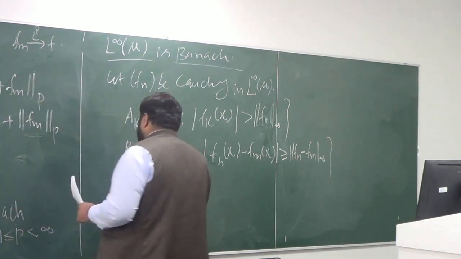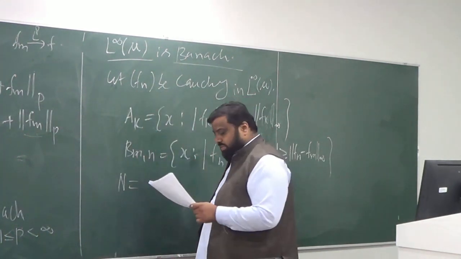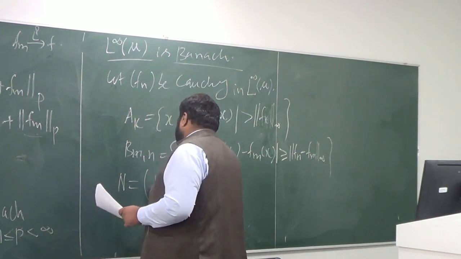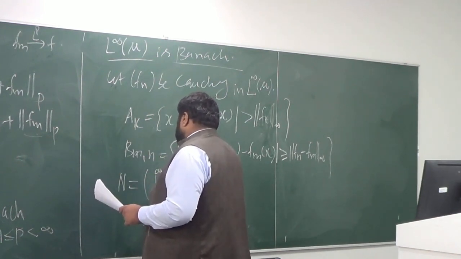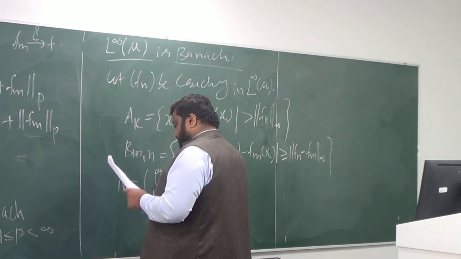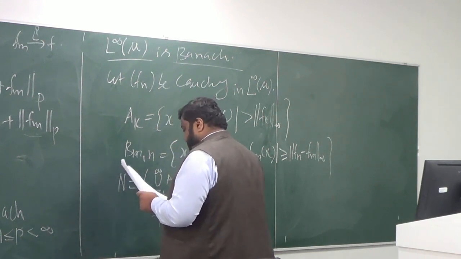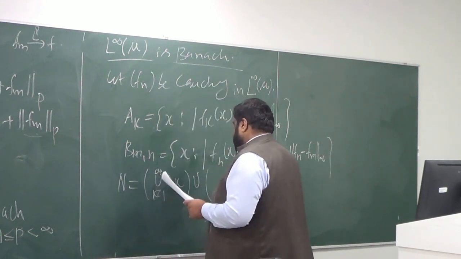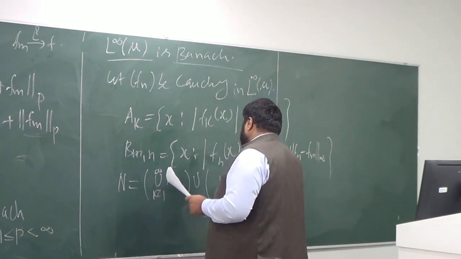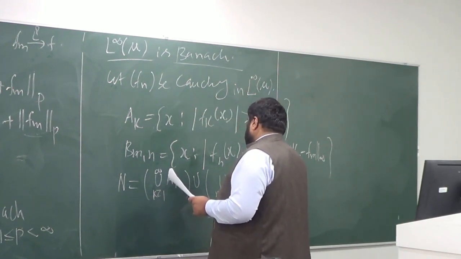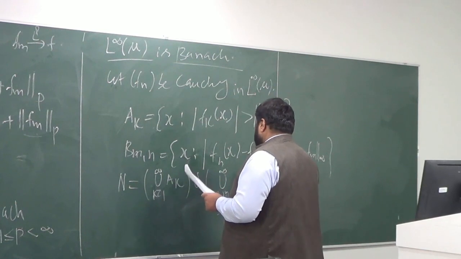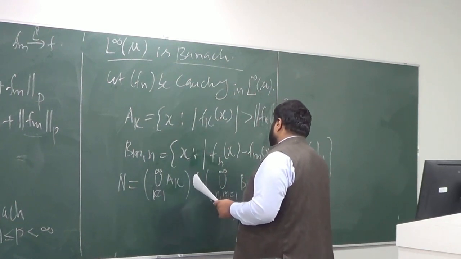Now combine all these sets, put them together. So the union over k equal to 1 to infinity of A_k, and the double union over n and m going from 1 to infinity of B_mn, and put them together.